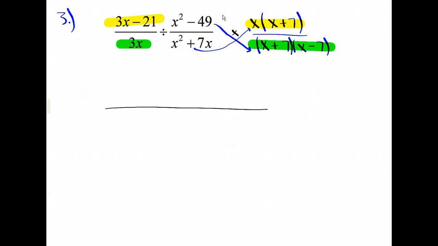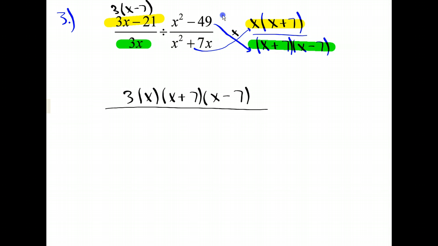I'm going to clean that up and rewrite those all together. Actually, 3x minus 21 factors out a 3, so that's 3 times x minus 7. So I'll have 3 times x times x plus 7 times x minus 7.